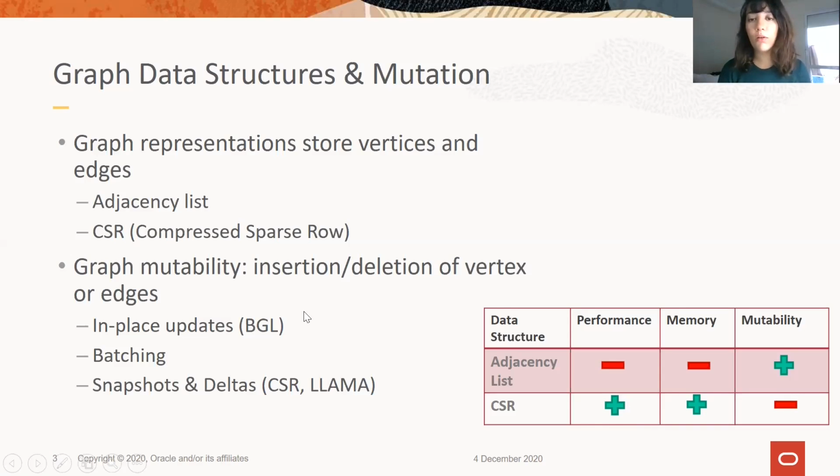When we're talking about graph updates, we're talking about insertions and deletions of vertices and edges. There are multiple techniques, but the main ones are listed here.